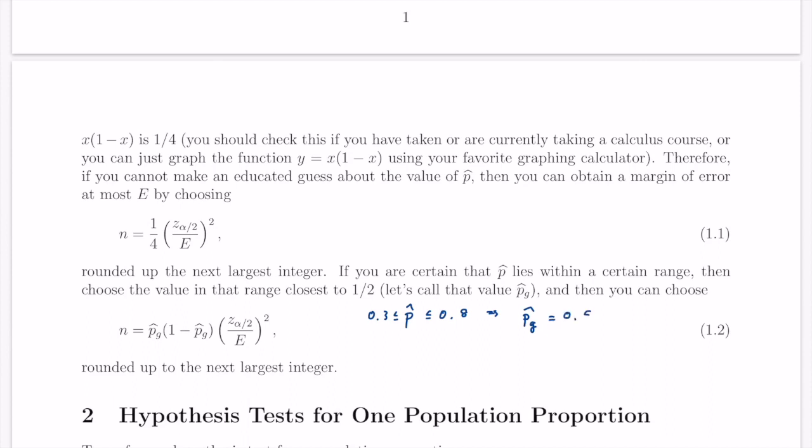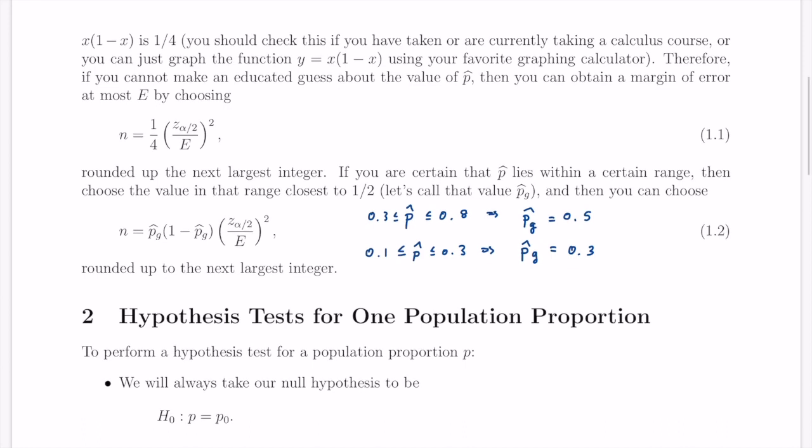Since 0.5 is in that range, 0.5 is our guess. If, on the other hand, we know that our proportion p hat is going to be, say, between 0.1 and 0.3, then we would use the point in this range closest to 0.5. So that would be 0.3. Okay, so that's how we get this guess p hat sub g. That's our guess for the sample population proportion.